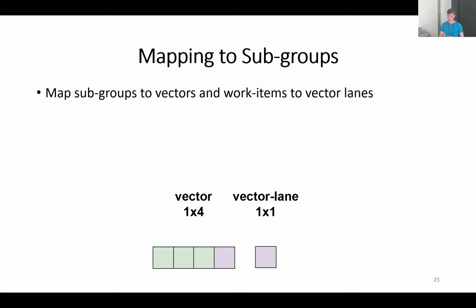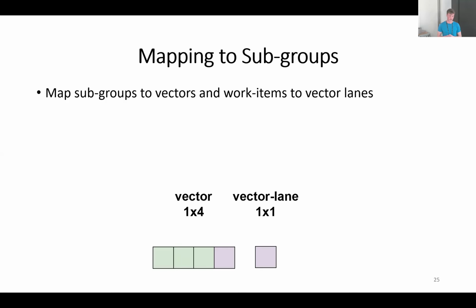Okay, now why does this work? So we first choose our subgroup size, for example, 32, and then we fix the vector width that the region vectorizer uses for the work item loop to 32.